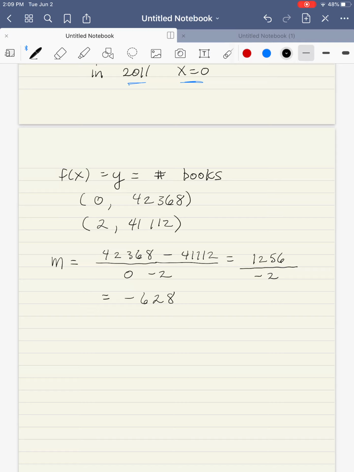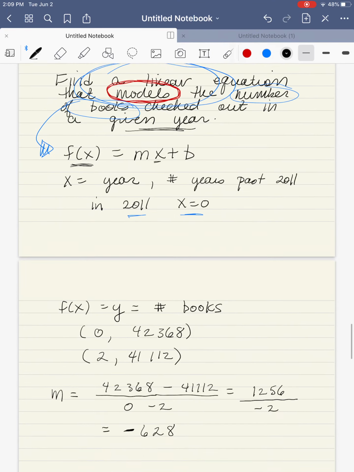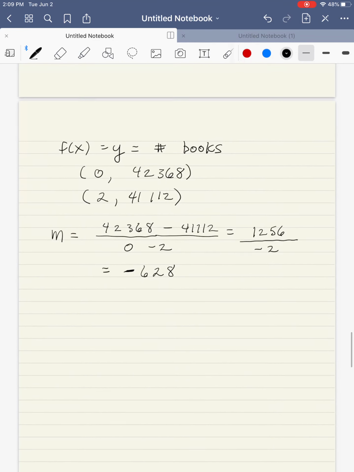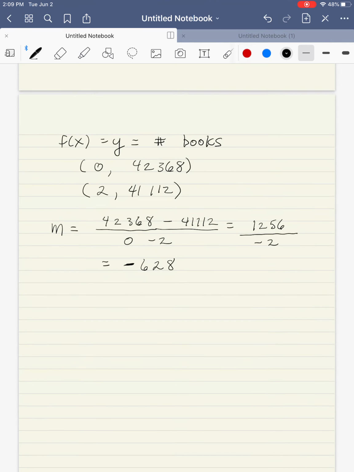So that slope is talking about the rate of change of books per year. And notice we have a negative here. That means the number of books being checked out is decreasing. And that makes sense because this is a smaller number than this.